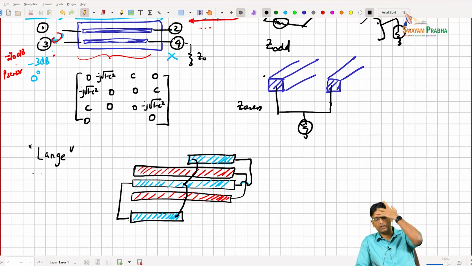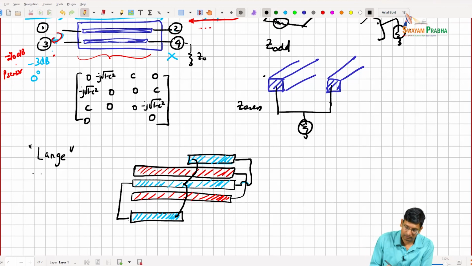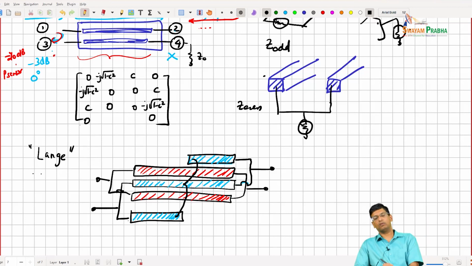So these are all connected together. So you build yourself a very tightly coupled coupler. So this side is also connected.